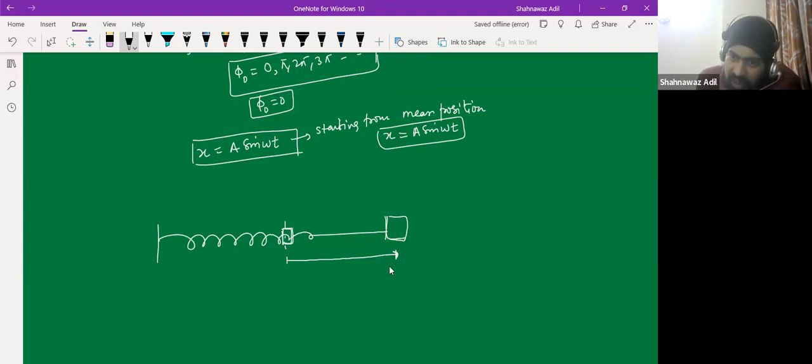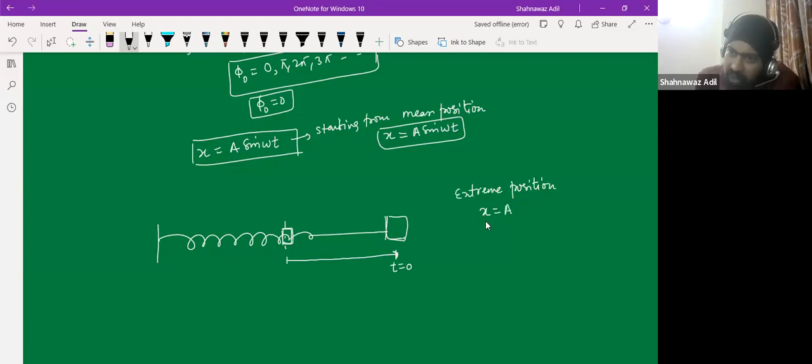So at t equal to 0, extreme position means what? What is the value of x? At extreme position, the value of x is a.